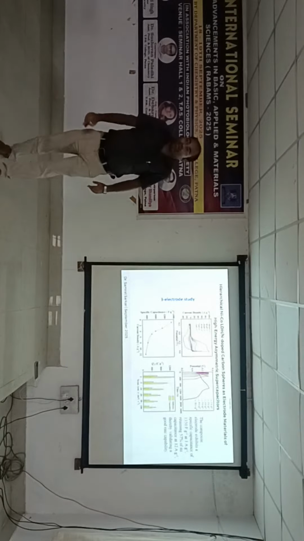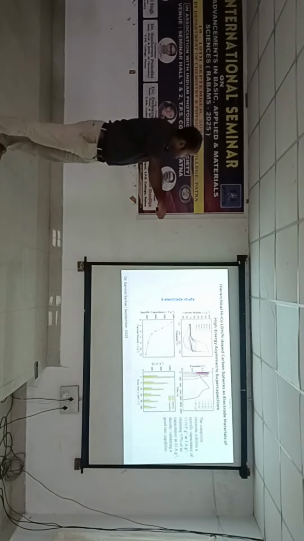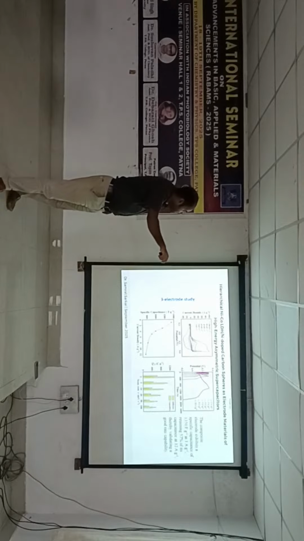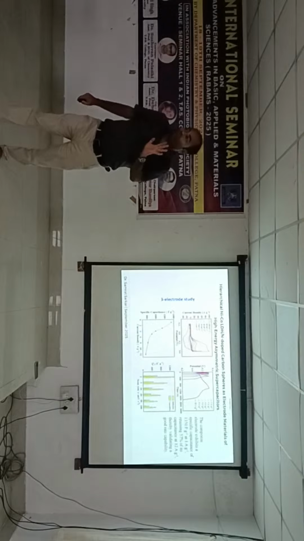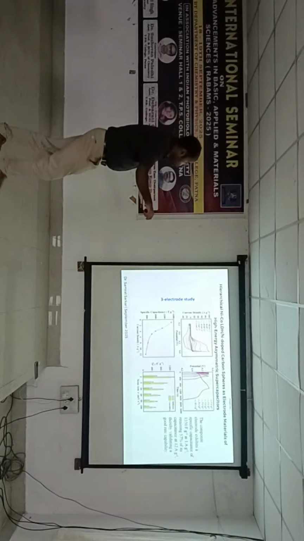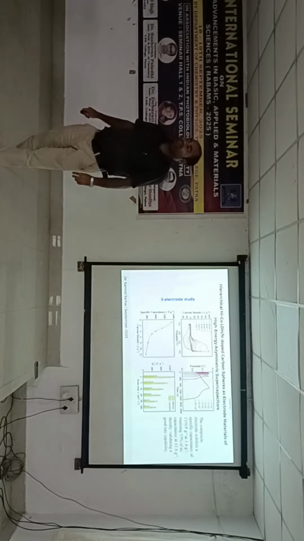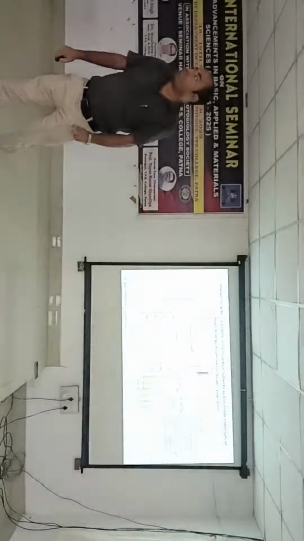And these are the three electrode studies, the study we have done in the electrochemical workstation. These are the CV analysis, and the CV analysis and the charge discharge show good electrochemical behavior. From the charge discharge analysis, we have calculated the specific capacitance, which is about 1350 farad per gram.